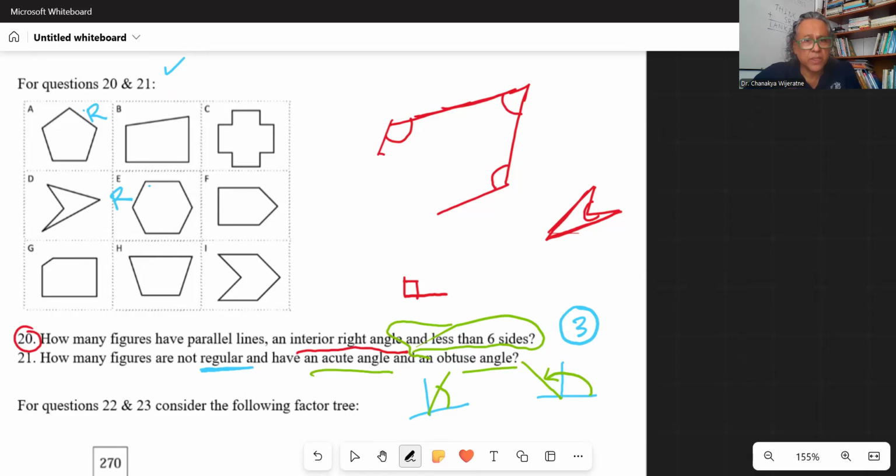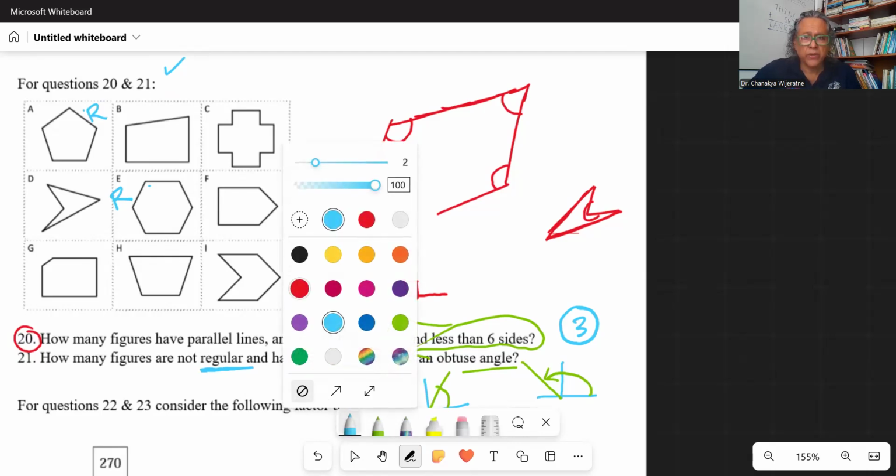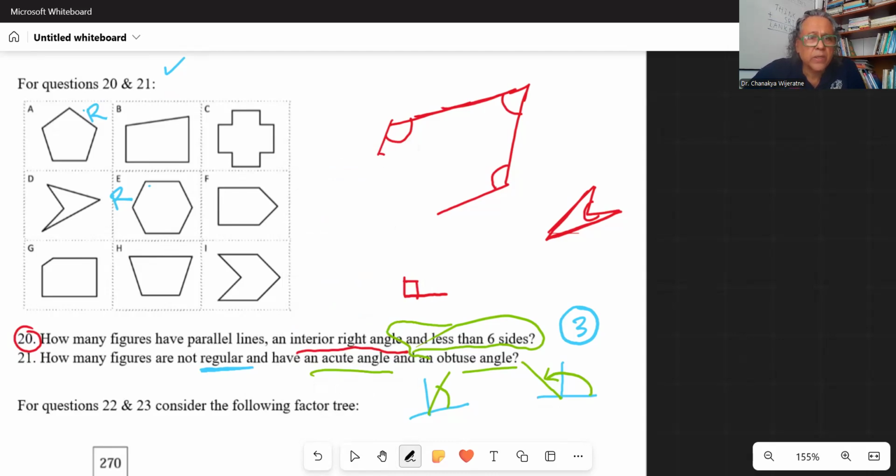Then we look at other ones, which have an acute angle and an obtuse angle. So here is an obtuse angle, O, here acute, A. No. So here, this is not an obtuse angle; it's a reflex angle.